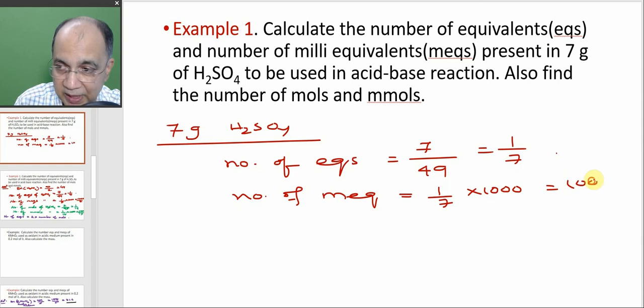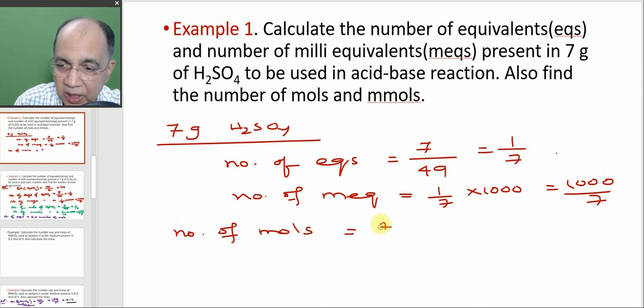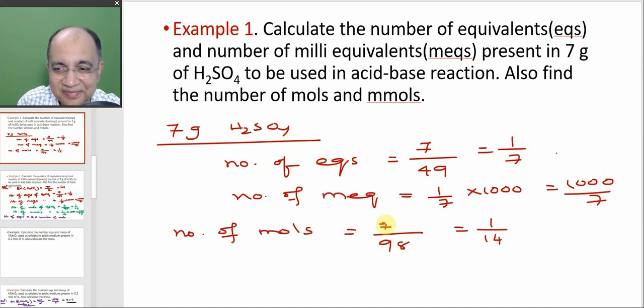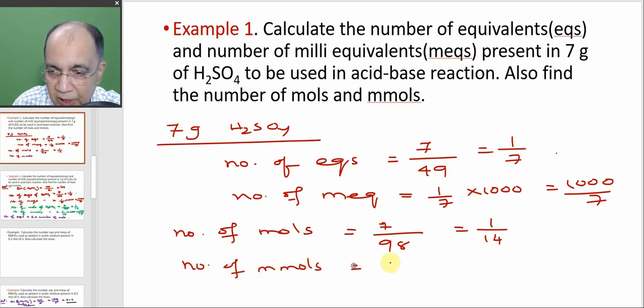It will be 1000 by 7. Then number of moles is equal to mass by molecular mass, 7 by 98. This will be 1 by 14. Similar type of problem we had done, 1 by 14. And the number of millimoles is equal to 1 by 14 into 1000.